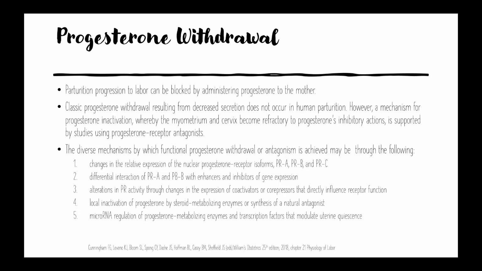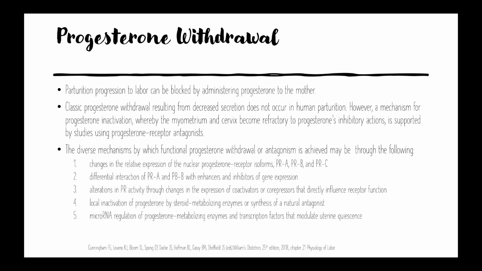The diverse mechanisms by which functional progesterone withdrawal or antagonism is achieved may be through the following. So first, we have changes in the relative expression of the nuclear progesterone receptor isoforms PRA, PRB, and PRC. Differential interaction of PRA and PRB with enhancers and inhibitors of gene expression.